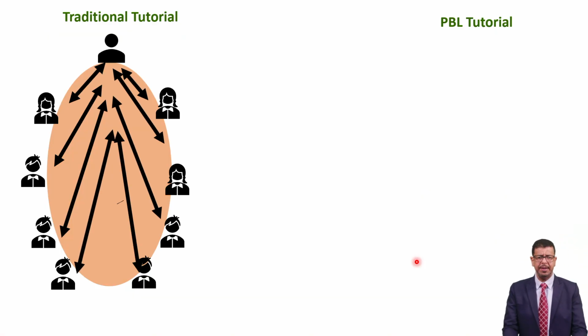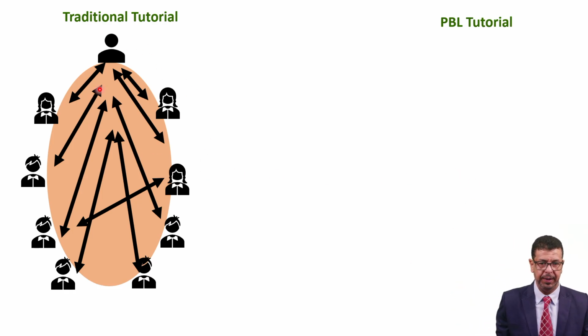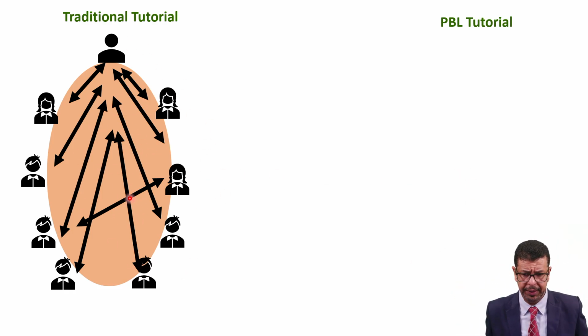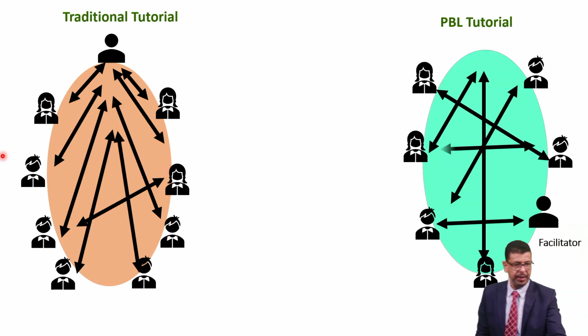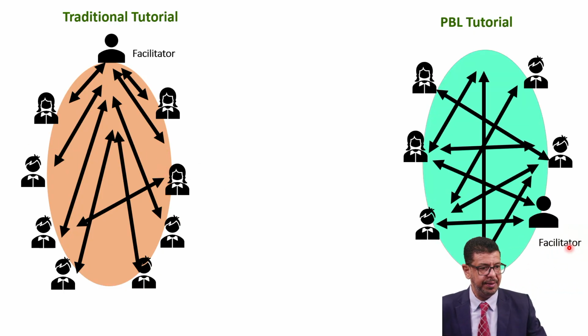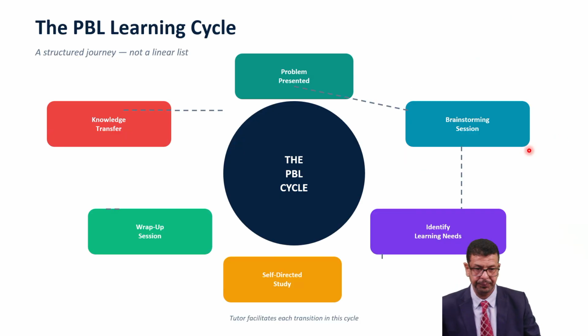So this is a classical style. The teacher sits here and students learn this way. And this is in problem-based learning. As you can see, the facilitators join the members of the group as an active part of the group.